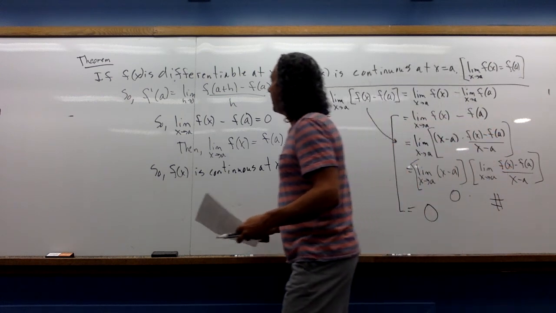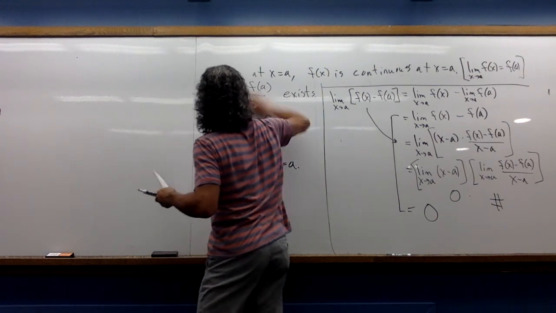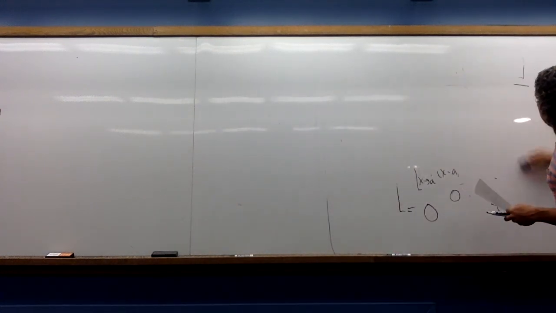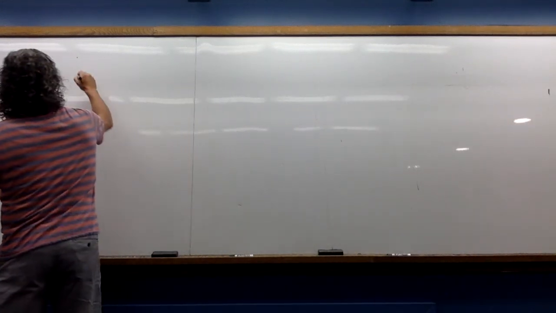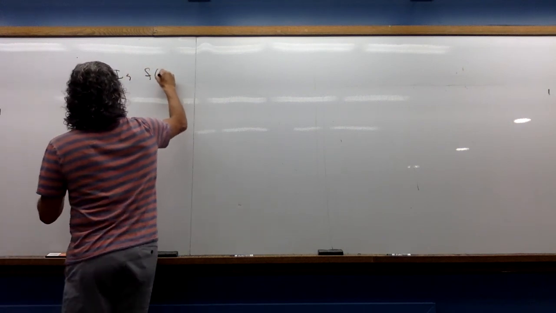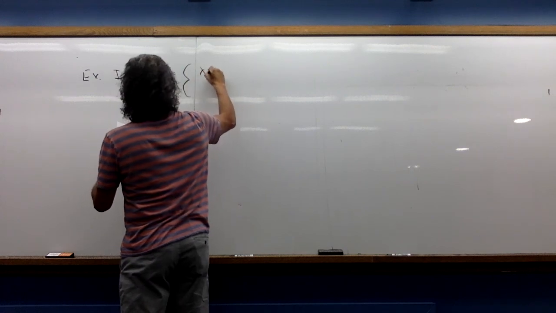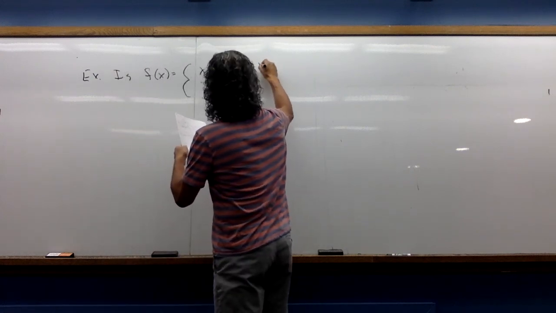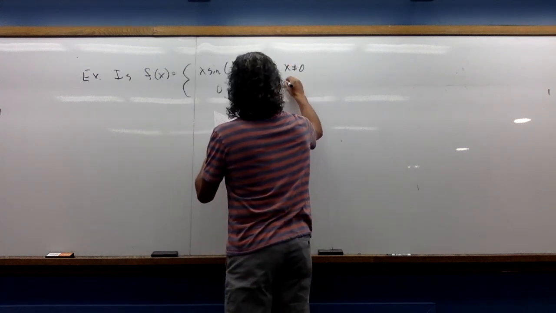All right, so as a final example, let's do one more example with differentiability and continuity. So the example is the function f of x equals x times sine of 1 over x plus x, x is not equal to 0, and f of 0 equals 0.